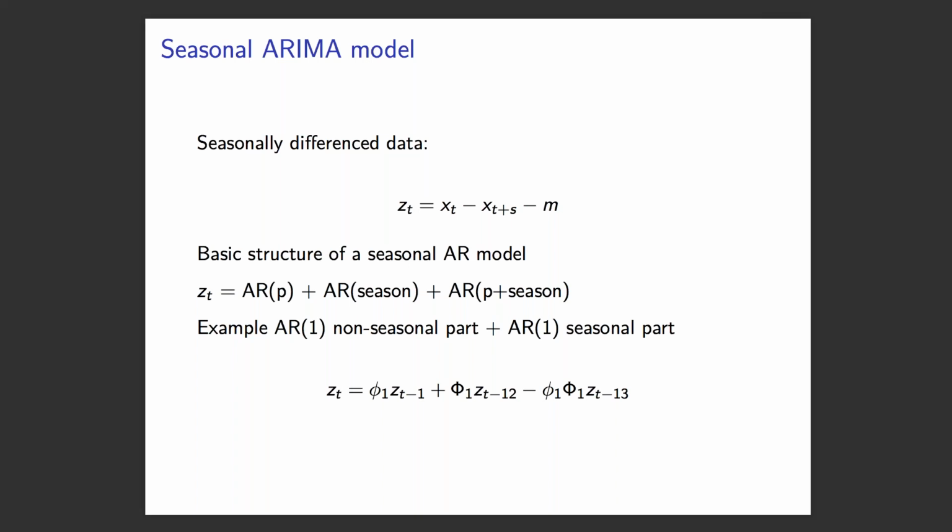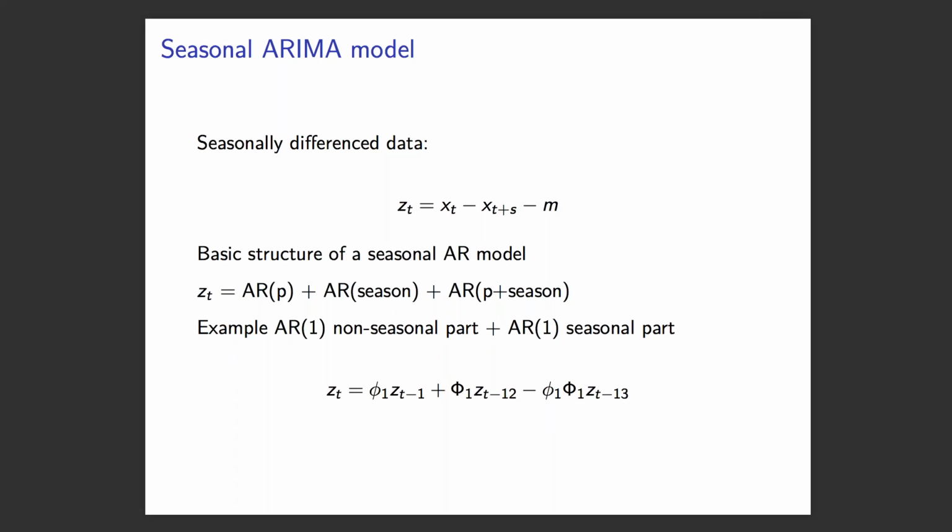Pretty standard that you're going to take a seasonal difference. And what that means is you have your data at time t, and you're going to subtract the data at time t. Oh, that ought to be minus. So it's going to be minus. You subtract the data in the past. So that's minus s, and s is the season.